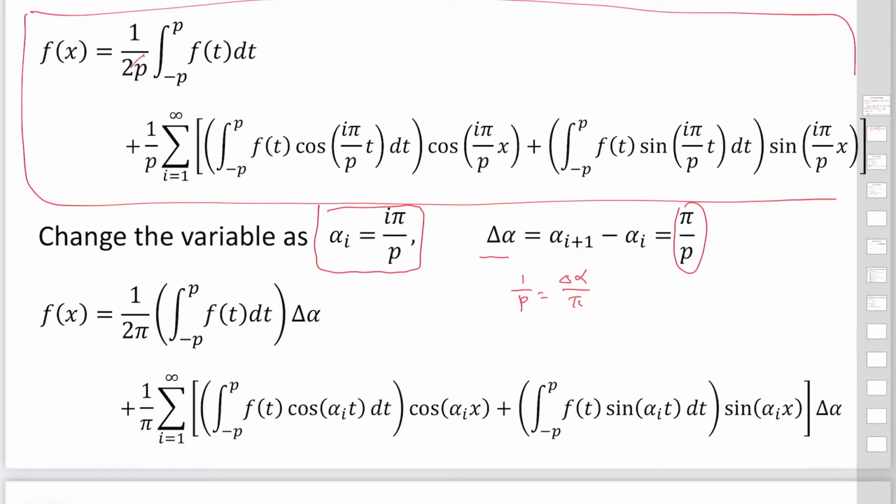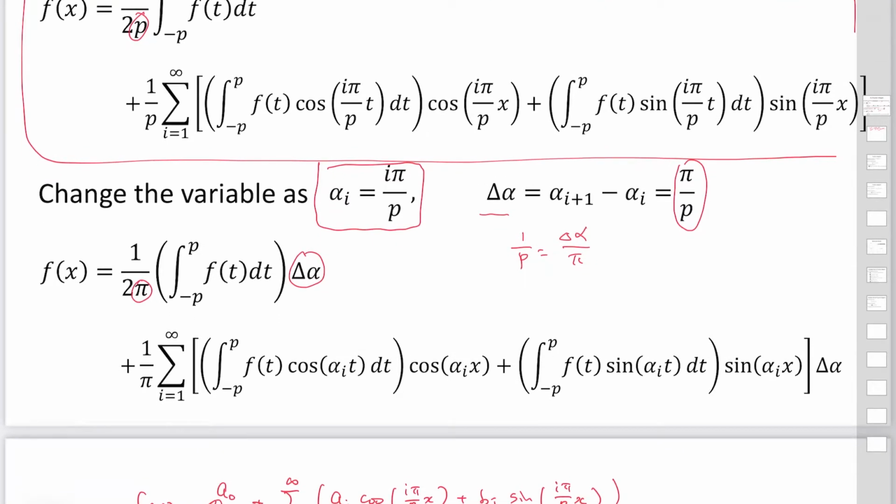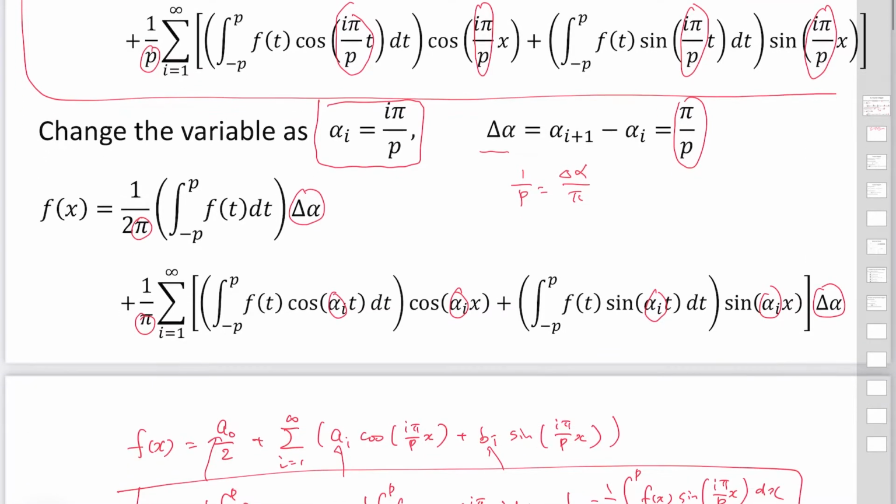For the first term and the second term, 1 over p is delta alpha over pi. And the inside of the cosine function corresponds to alpha sub i, and this is also alpha sub i. So we can express f(x) in these equations.